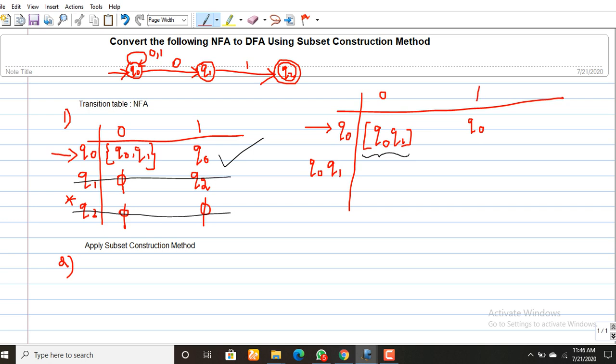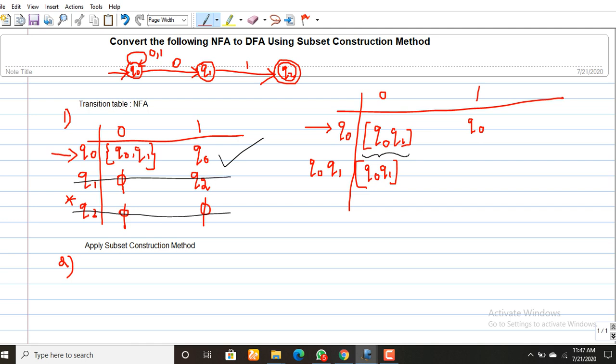So let us check: Q0 on receiving 0 goes to Q0 and Q1. On receiving 0, Q1 has no transitions for the input 0, so phi. Concatenating phi with this state brings the same state again.